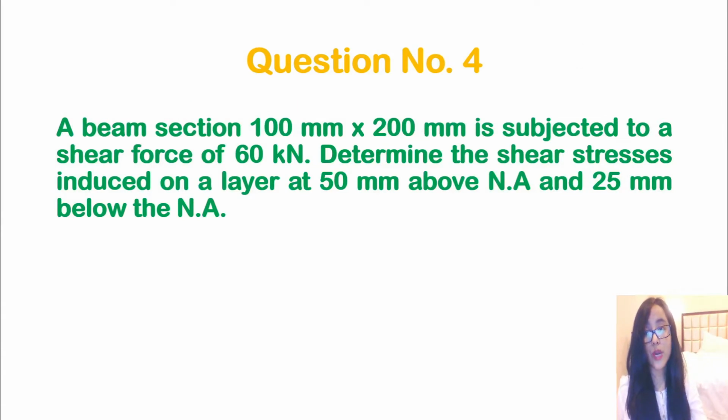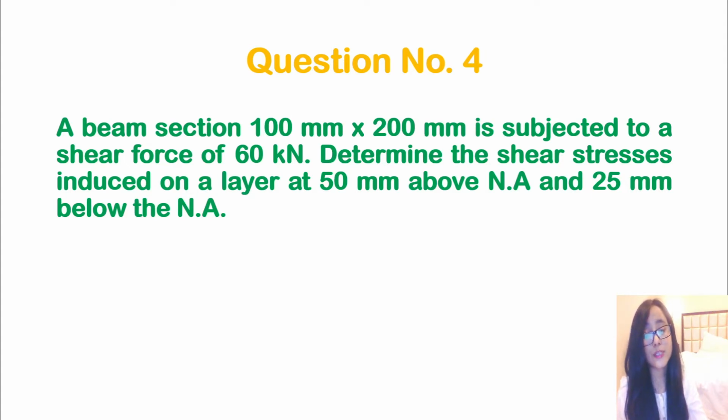Coming to the fourth numerical for this session, we have the statement as a beam section 100 mm into 200 mm is subjected to a shear force of 60 kilonewton. Determine the shear stresses induced on a layer at 50 mm above neutral axis and 25 mm below the neutral axis.